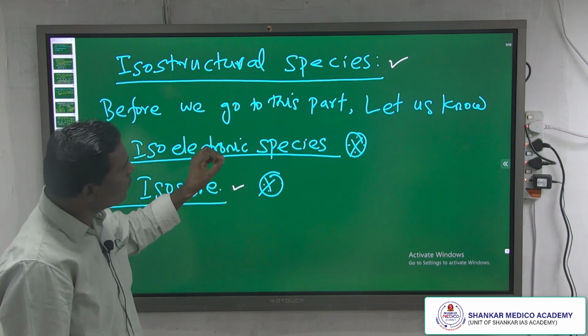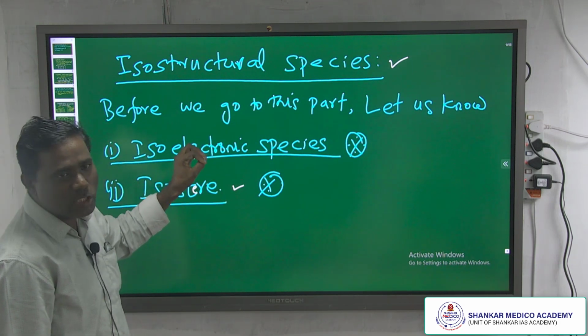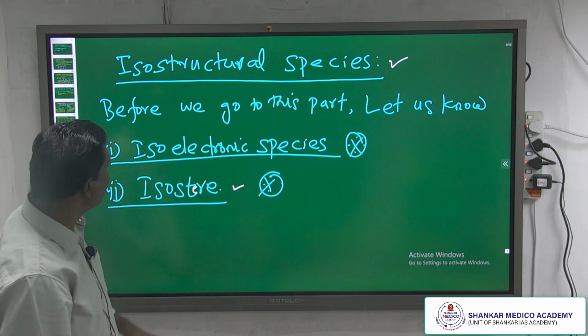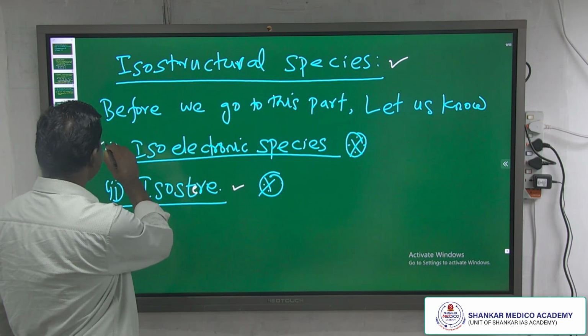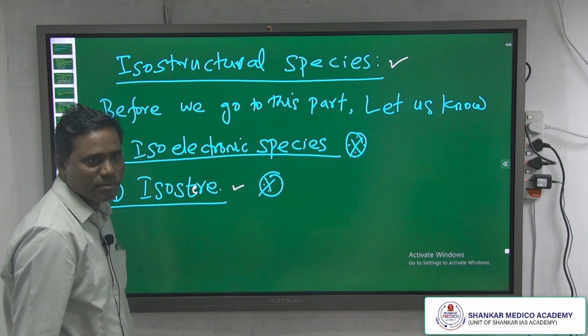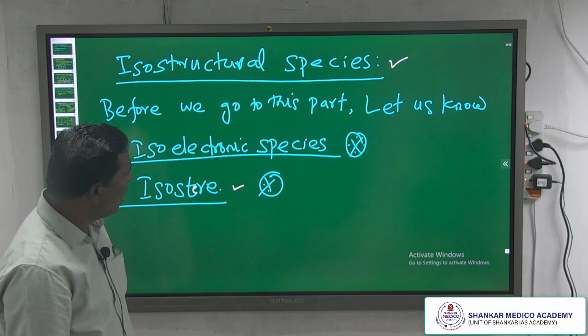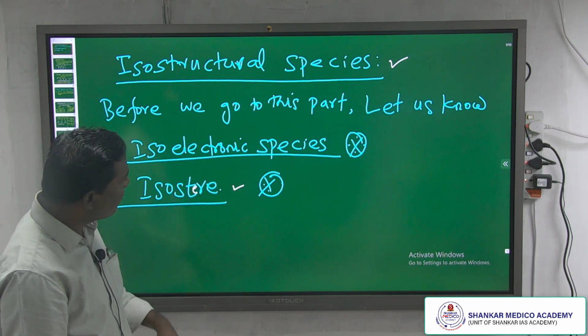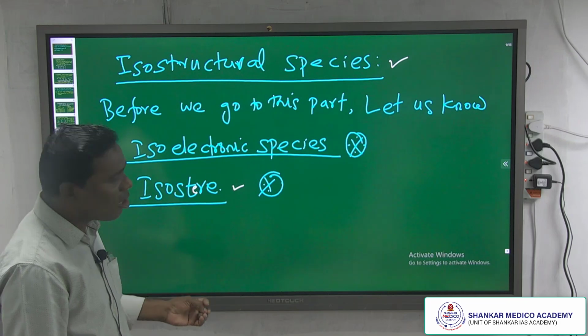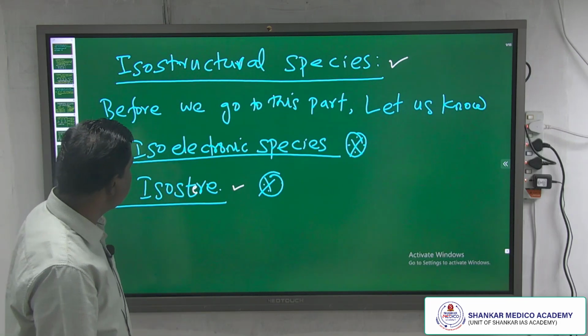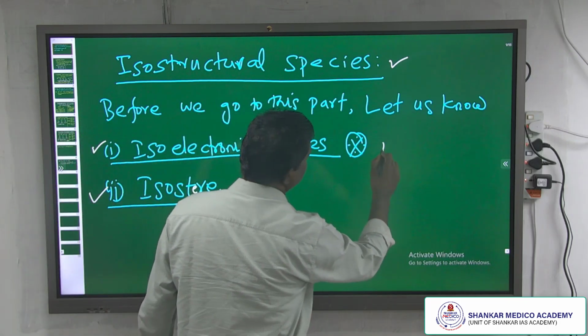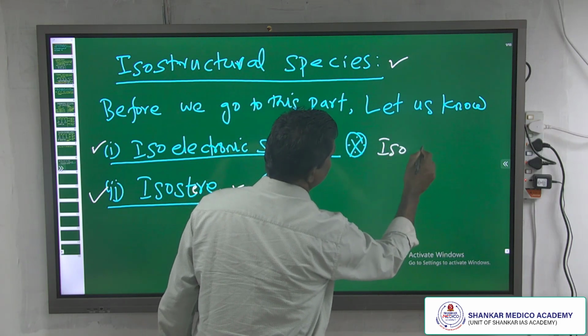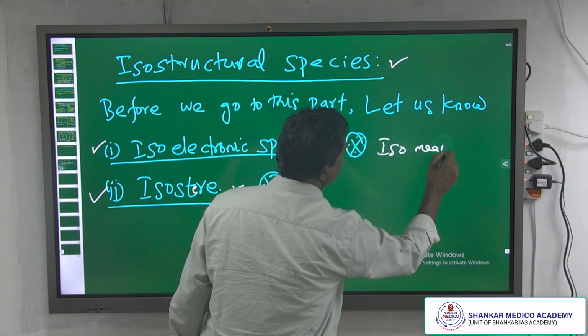Before going to see what is isostructural species, we have to know what is isoelectronic species and what are isosteres. These two we might already know from the previous chapter called structure of atom. Generally, iso means the same.